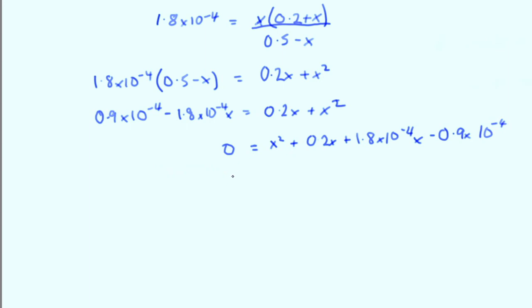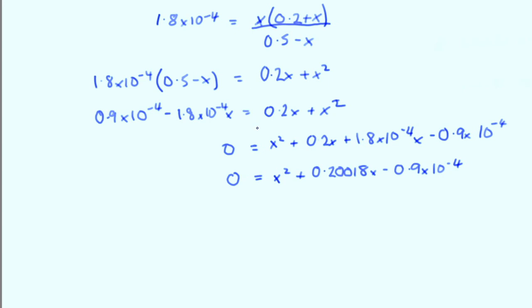Okay, very last bit before we do the calculation, just tidy this up. So we get x squared plus 0.20018x. So it's quite a small change to the 0.2. Minus 0.9 times 10 to the minus 4.